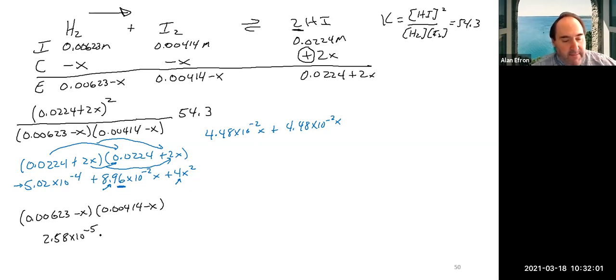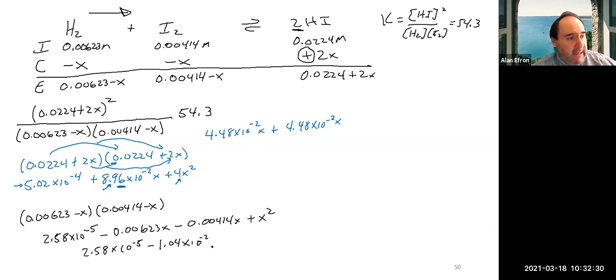We then will do our middle section there, which is 0.00623x minus 0.00414x, and then we've got plus x squared. Cleaning up the middle there gets us 2.58 times 10 to the minus 5 minus 1.04 times 10 to the minus 2, and that's going to be x, I believe, plus x squared.